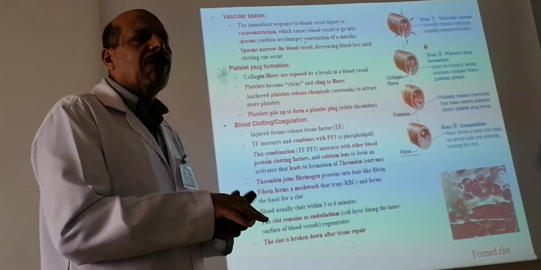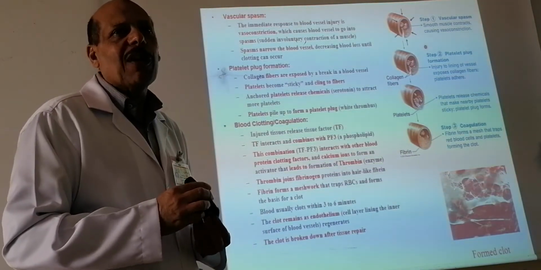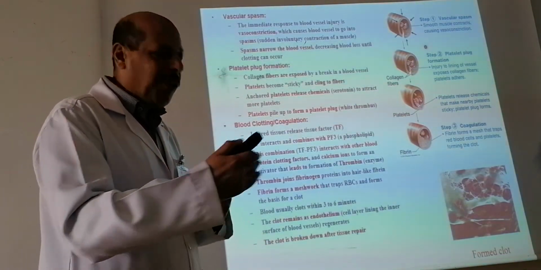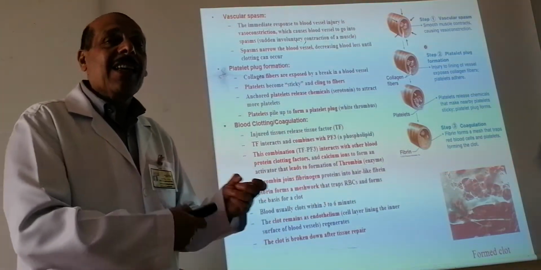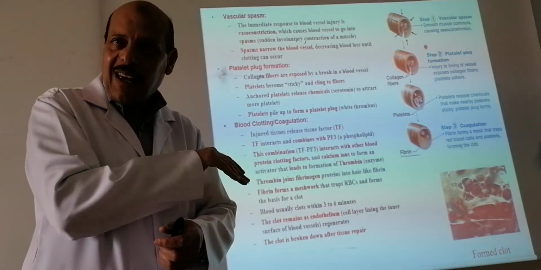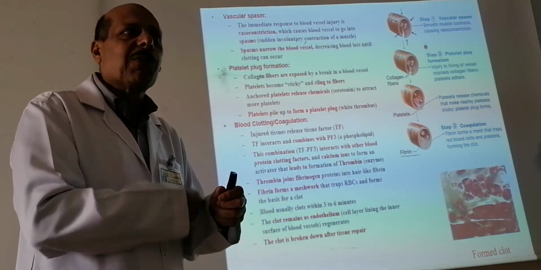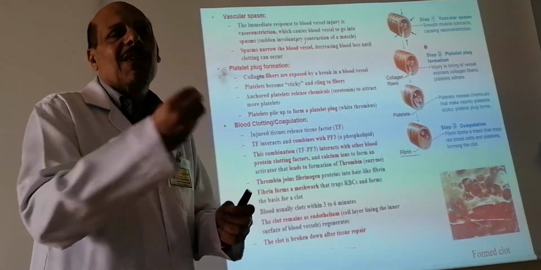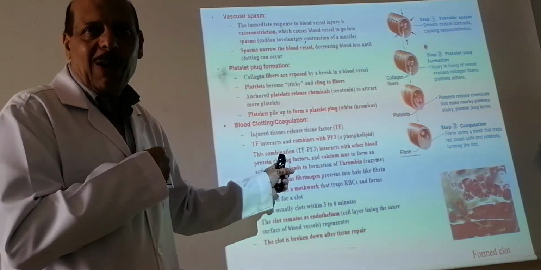So we have to compress, as you learned in first aid, for 3 to 6 minutes, and you should not release. If you put gauze or dressing over it, you have to wrap it with the bandage without removing it again, because when you remove it, you are removing the clot.